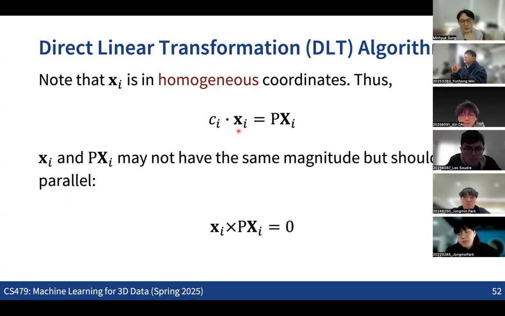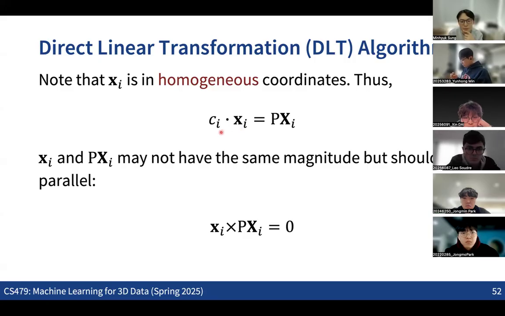This is clear. So when you map the 3D coordinates into the homogeneous coordinates of the 2D point, the output of multiplying the matrix can be the same vector, but with a different scale.